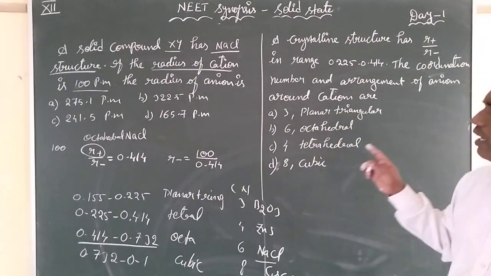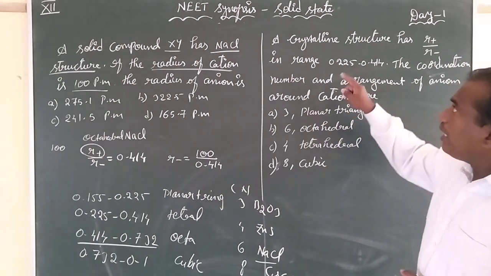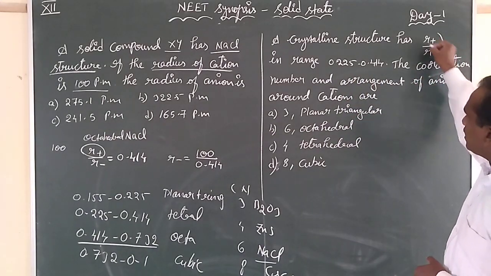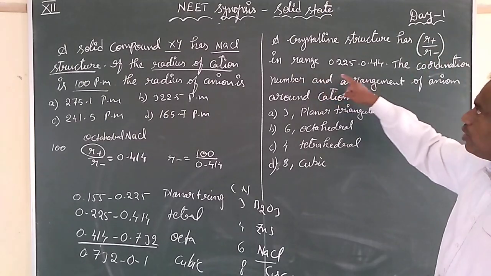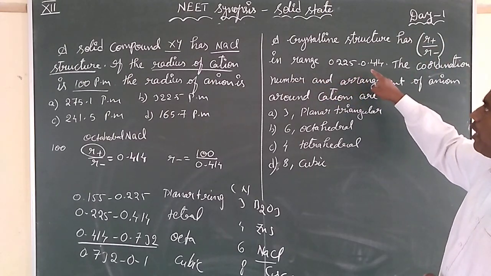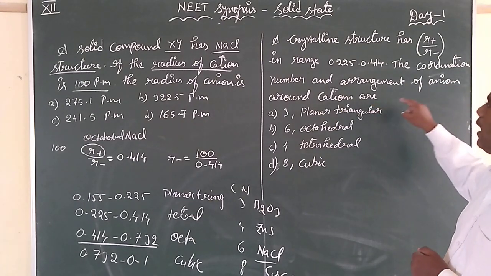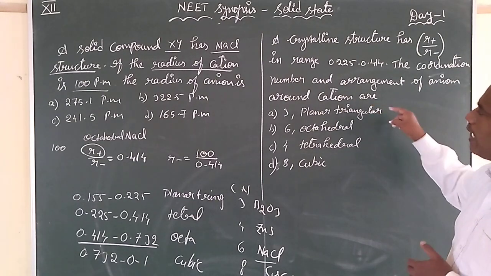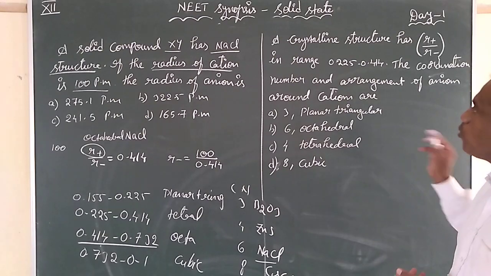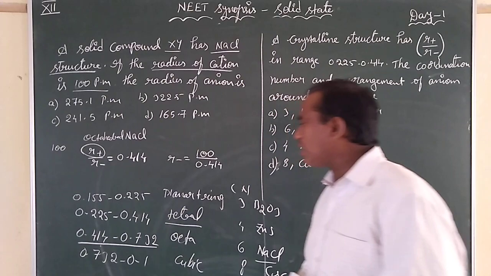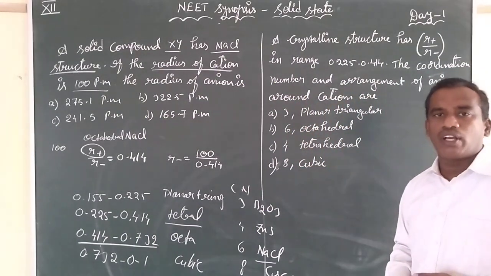Now let us see another question. A crystalline structure has radius ratio in the range of 0.225 to 0.414. The coordination number and arrangement of anion around cations are asked. 0.225 to 0.414 will have tetrahedral type of coordination.